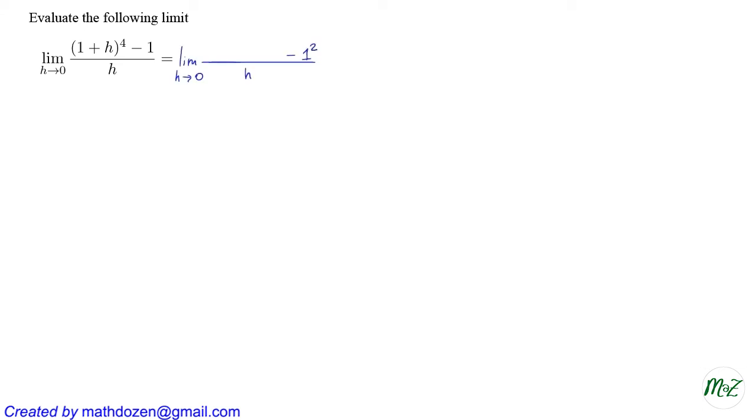So what we're going to do, we're going to work on making the numerator look like the difference of squares. 1 is the same as 1 squared, and then we're going to represent the 4th power as the second power of something else. And so the 4th power is going to be the second power of a square. So we just need to have 1 plus h squared in there.